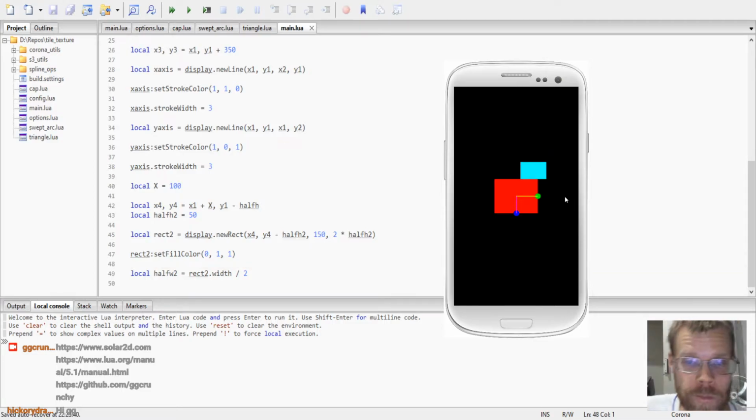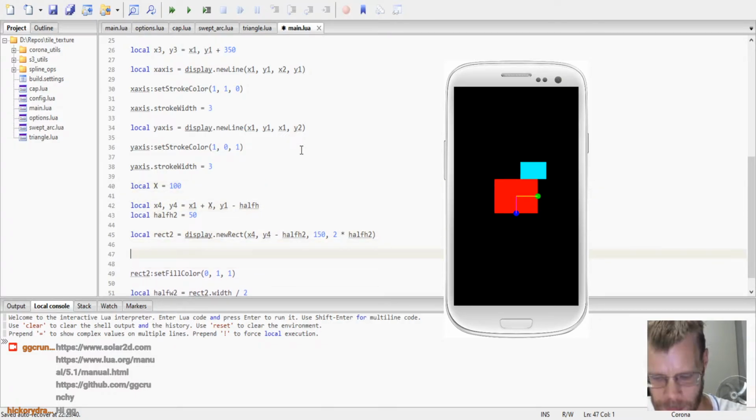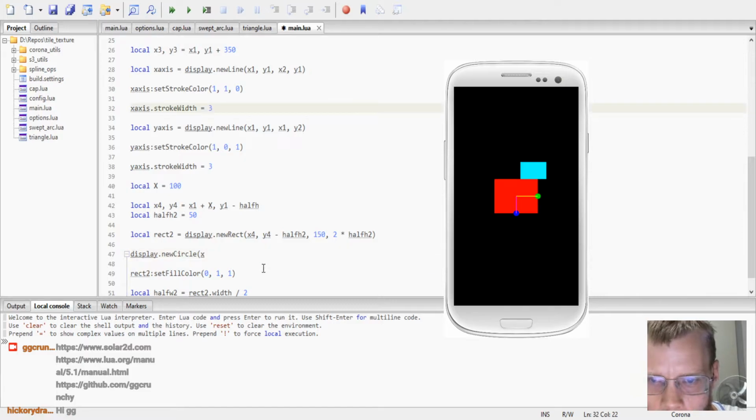Okay. So from the center, we'll go to a spot x along, I'll put a circle there too. Okay, so into the x4, y4, x4, y4, yeah.